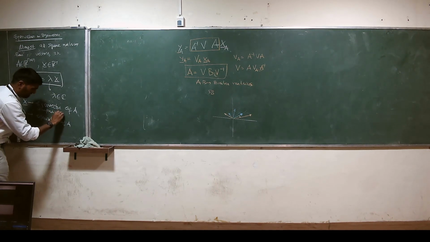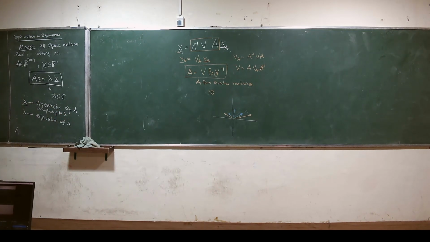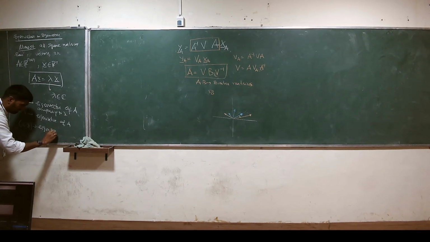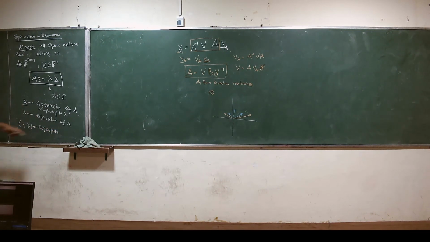Usually you pair them like this: lambda comma x, where lambda is the eigenvalue and x is the eigenvector corresponding to the eigenvalue lambda, and this is called an eigenpair.